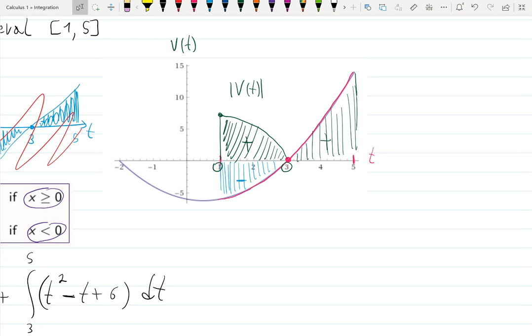But distance wants to add all changes, regardless of the sign, to know the complete change. So that's a total change. Total distance traveled says, let's use the same result we had from integration, but apply absolute value for all the negative displacements, because displacement can be negative.